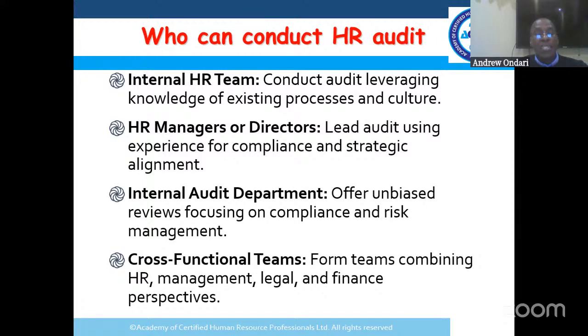They will bring in their expertise in terms of quality aspects related to recruitment procedures, training, performance appraisal, but they may not have the technical and professional expertise to audit the HR function in totality, because the quality department also assesses other areas.